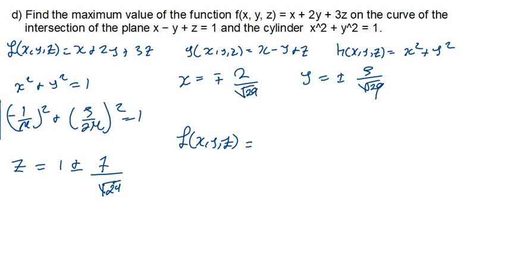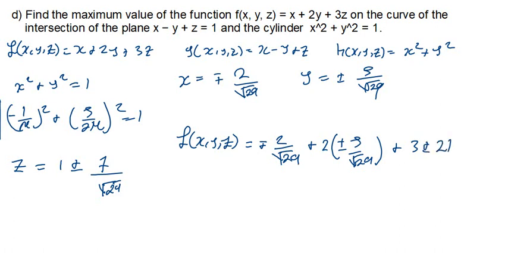When you substitute for the x, that will be positive or negative 2 divided by square root of 29. That's our x, plus 2 multiplied by positive or negative 5 over root 29, then plus 3 times the z, which is 3 times 1 plus 3 times 7, that will be 21 over root 29.